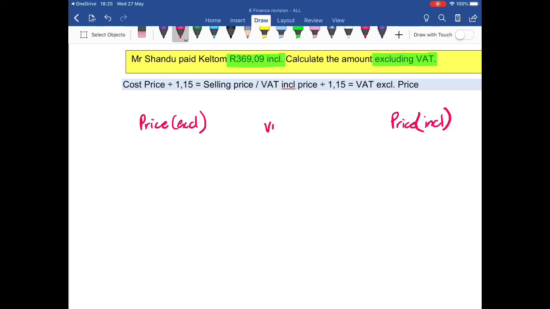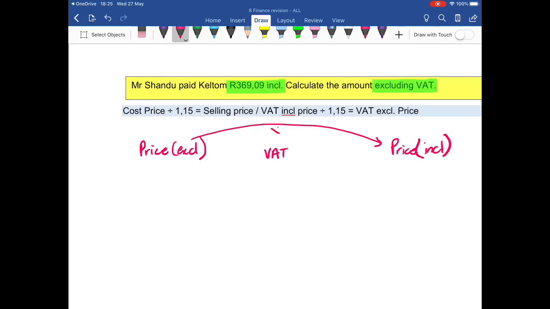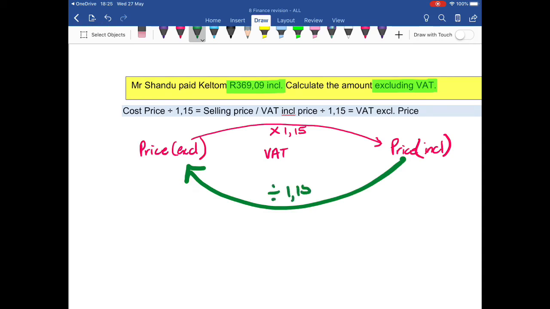And so from here to there, I'm going to include VAT. So I'm going to multiply by 1,15. When I go this way, I am going to have to divide by 1,15. Why is that? Well, because the inverse operation of multiply is divide. So let's do this sum.